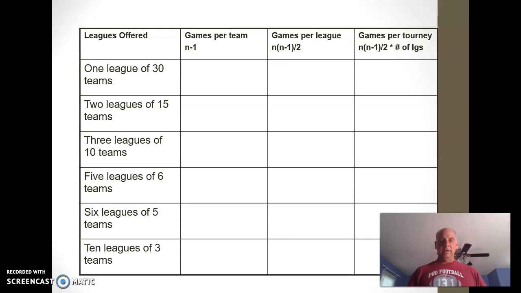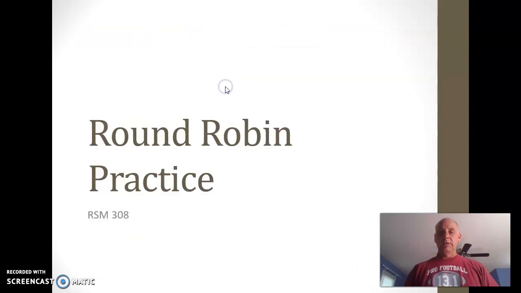So looking at this, something to keep in mind: the more leagues we break it down into, the fewer games that we're going to have. The more leagues, the more that'll shorten the length of the season for us. Because think of this: we have one league of 30 teams, so the number of games each team will play is n-1. That's 29.